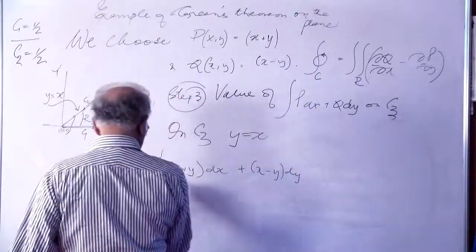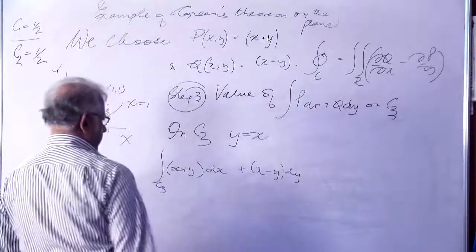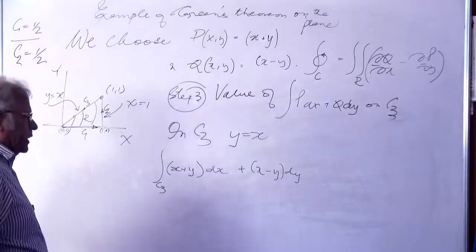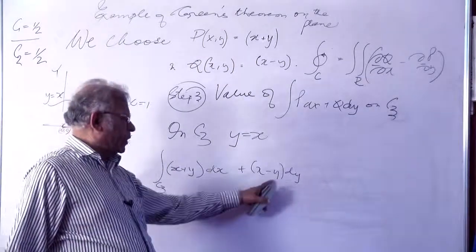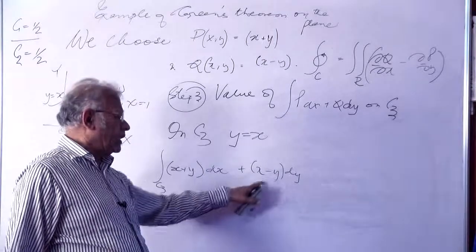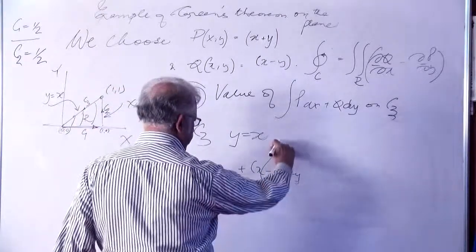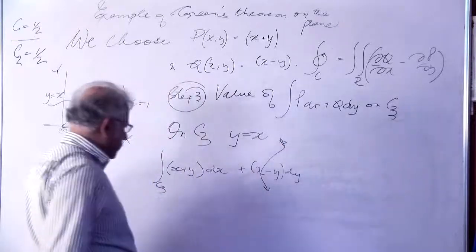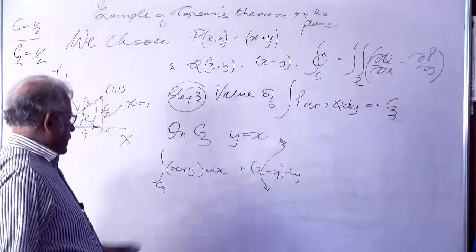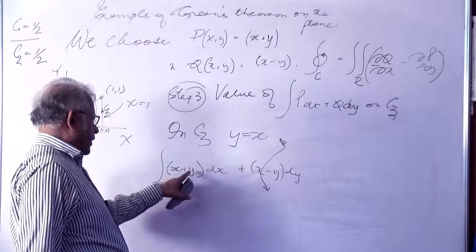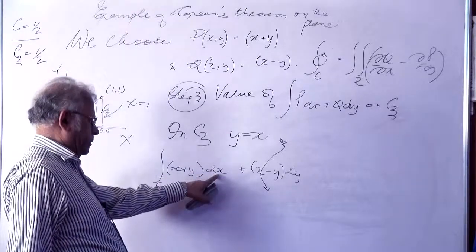Now very simply this term will vanish because on C3 y is equal to x, so this will just be annihilated. This integral will just not be there. So all we are left with is x plus y dx.